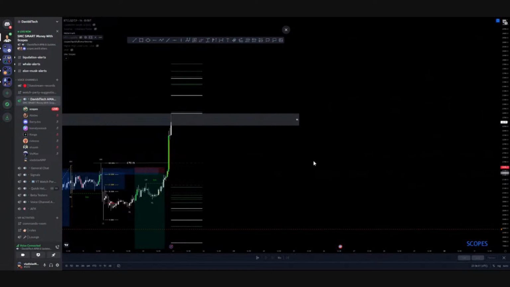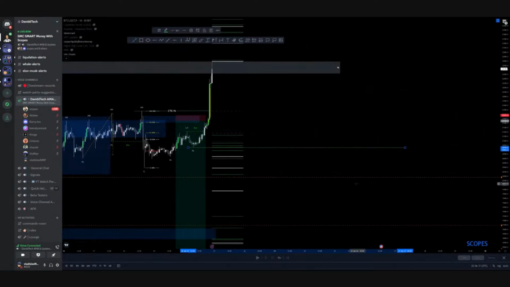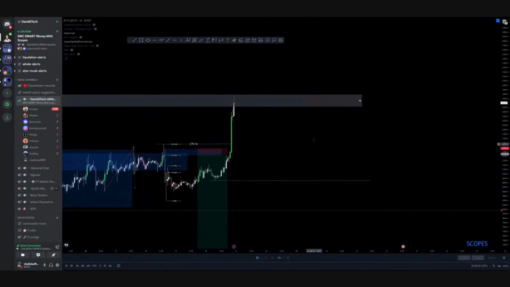So what I do then is wait for a break of structure on this area. So what I do now is wait. That is obviously a break of structure, and at the minute you don't know yet, but if this carries on going down, you can safely mark that as continue.